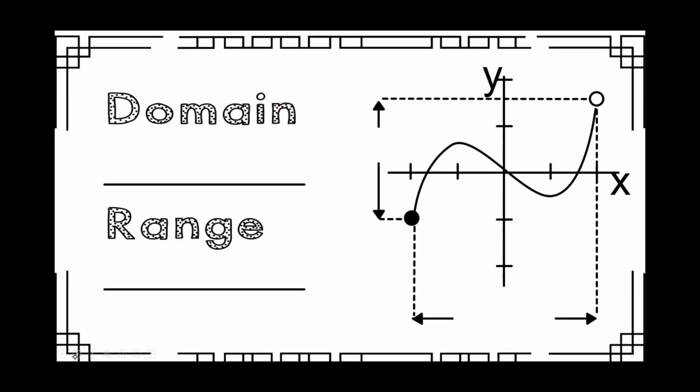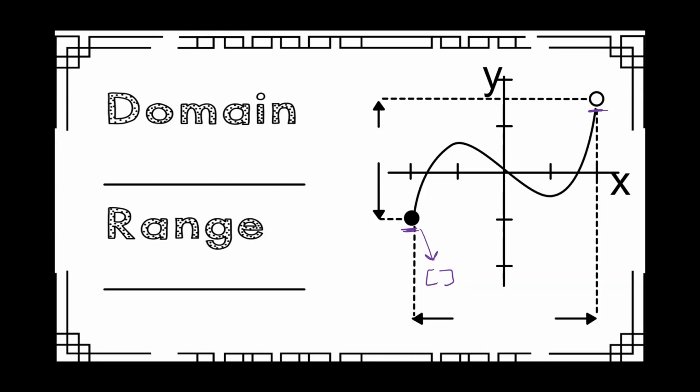All right. So looking at this graph, I want to find the domain and range. Now, if you notice, there is a closed dot and there's an open dot. There are not arrows here. Okay? So recap on interval notation. If it is a closed dot, it is going to be a bracket situation, because that means you can include it.